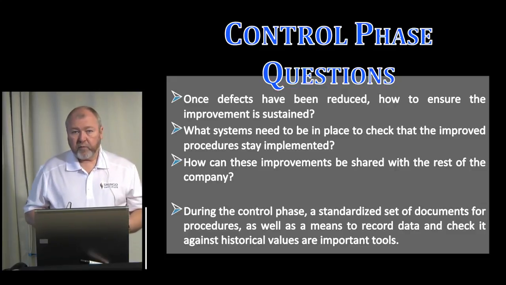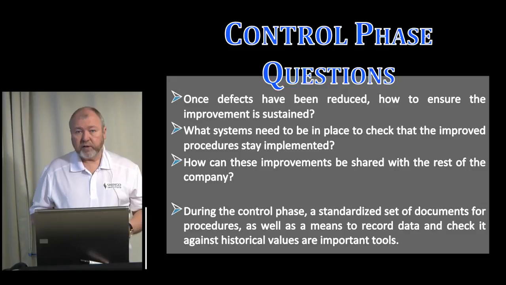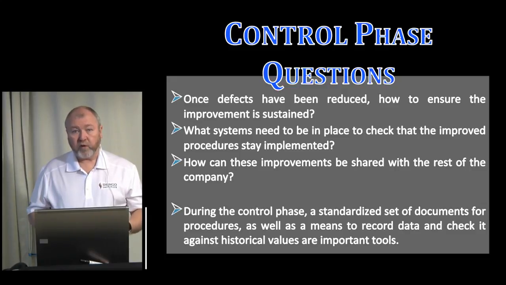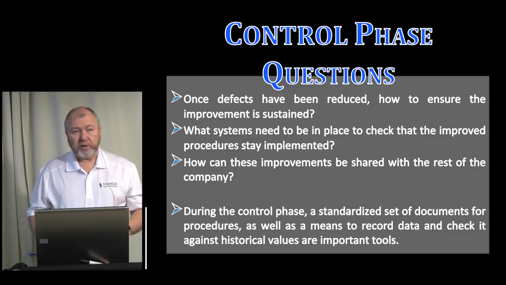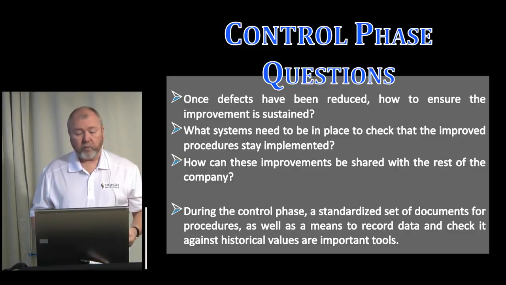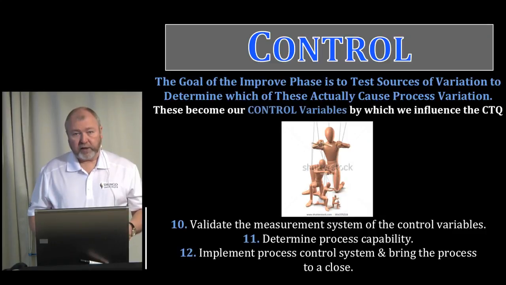And if it's for big stuff, whatever lessons we learned are lessons usually worth sharing with the rest of the company so that they don't have to relearn those same things on their own. We find a way to archive and share the information. So during the control phase, what we're trying to do is come up with a standardized set of documents for whatever procedures we implement, as well as a means to record data and to check it against historical values.